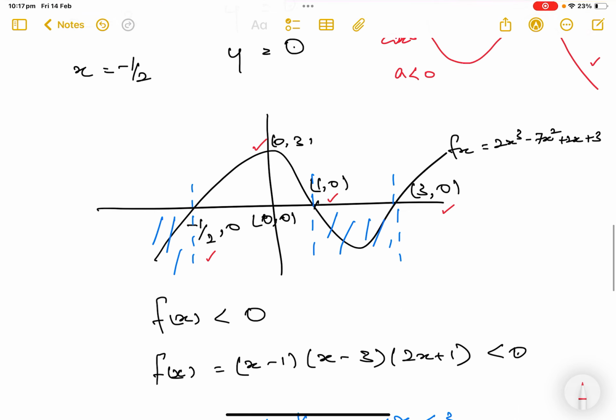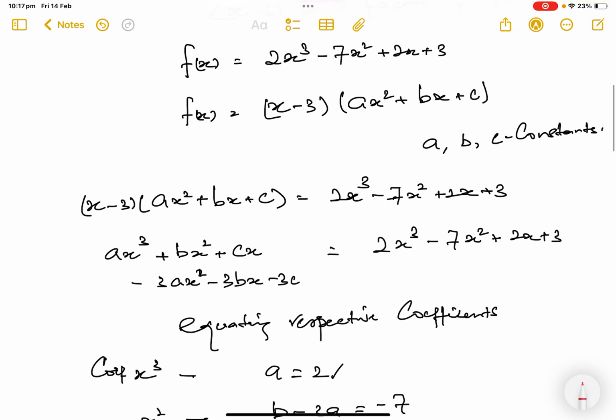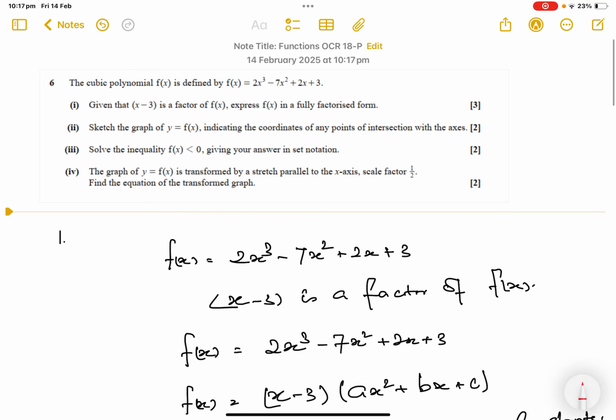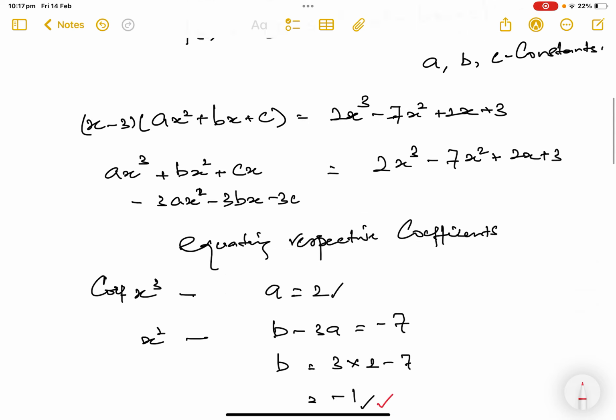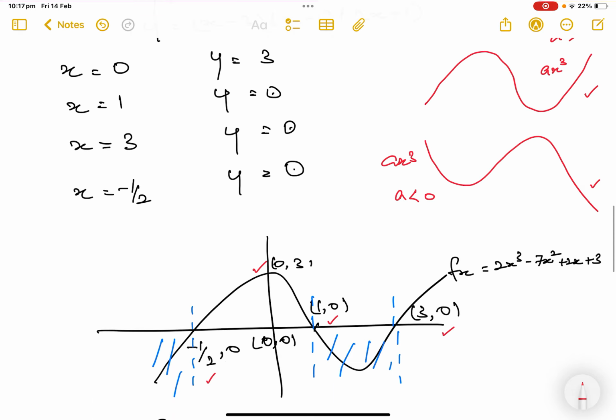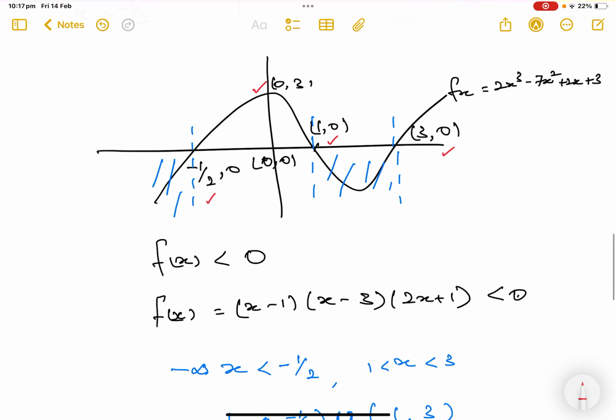Now the third part: solve the inequality f(x) < 0, giving your answer in set notation. So f(x) less than 0. If you look at the graph, anything below the x-axis is where the y values are negative.